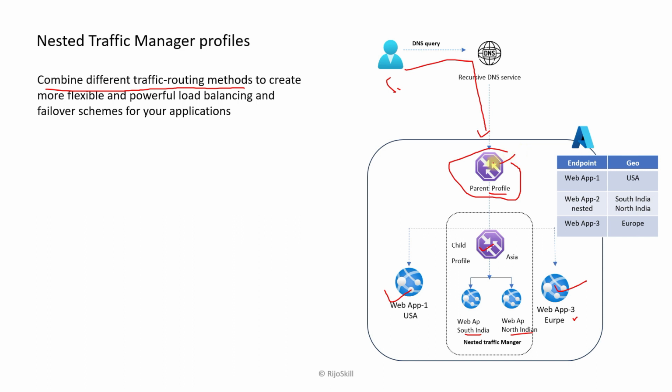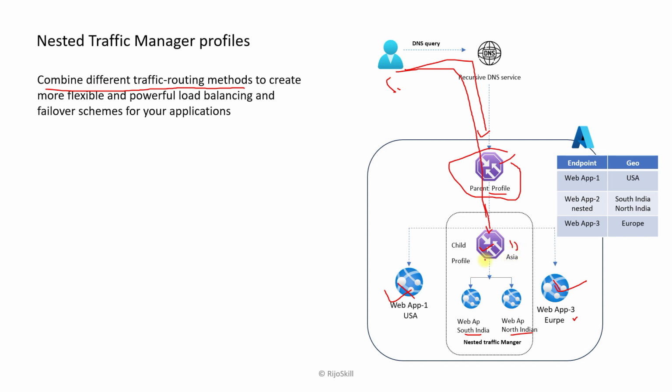With performance routing, a user connecting from India, like Asia or India, will have the traffic reach that endpoint. Because the other two endpoints are US and Europe, the traffic will not reach there, and it comes to Asia. Then for Asia, you add another Traffic Manager profile.